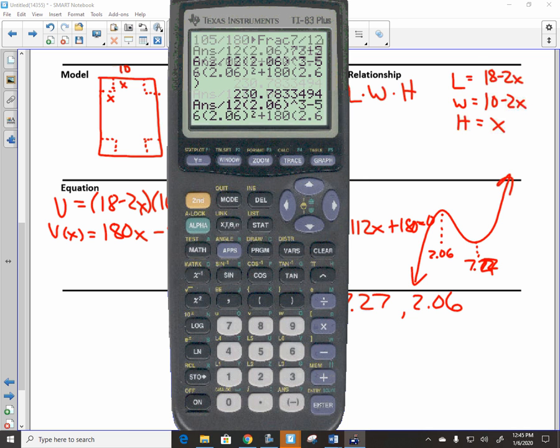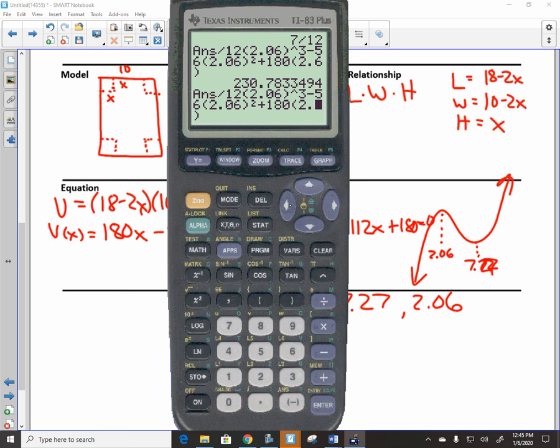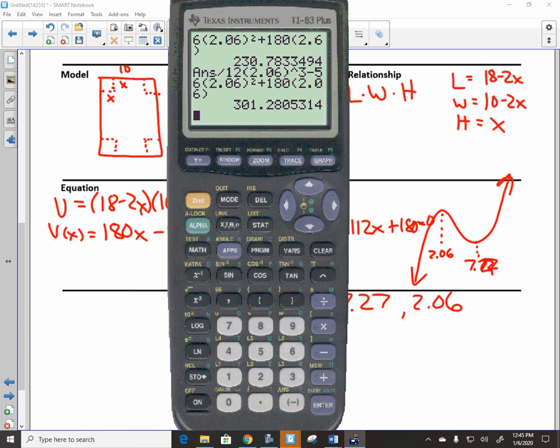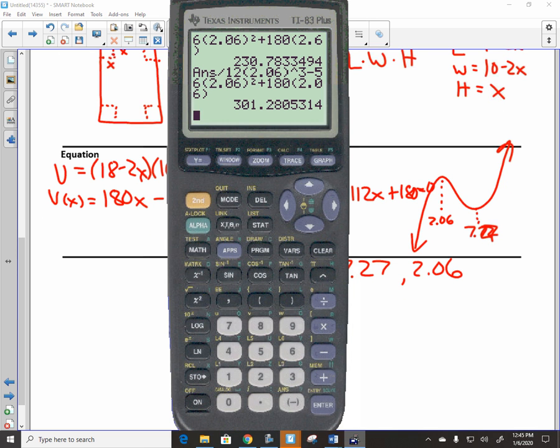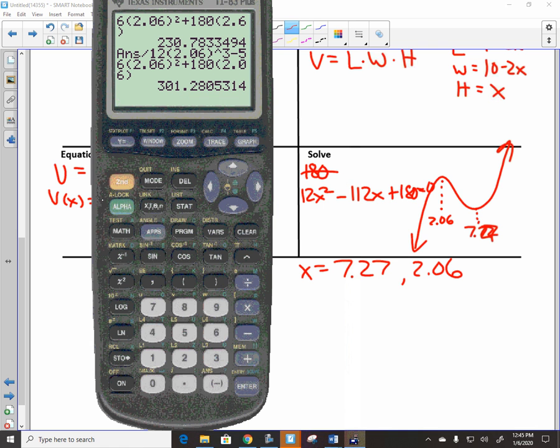Second entry, I bring back the whole thing and just adjust this last part. And 301.28. Well, it's this answer divided by. That's really bad.